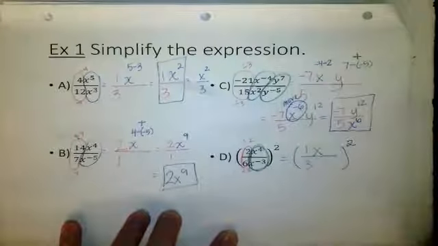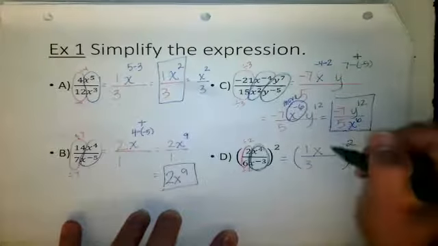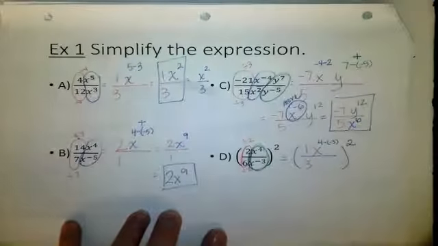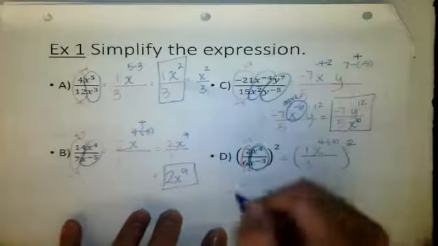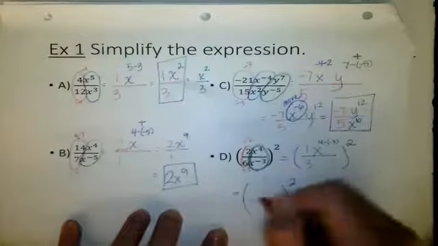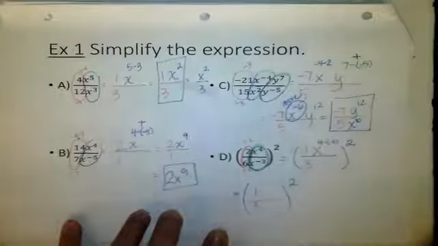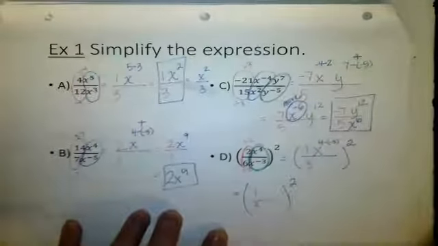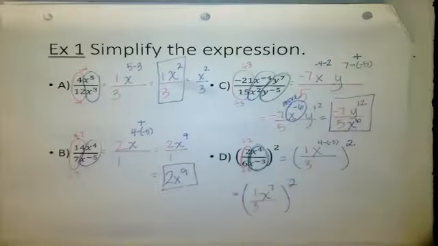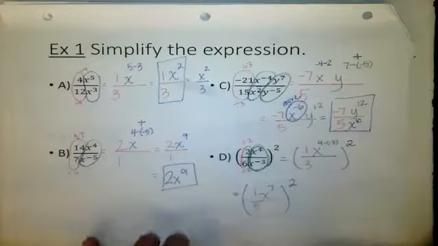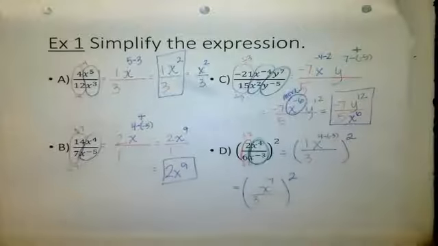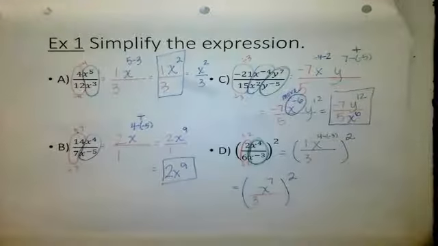The x goes in the numerator, and I'm going to subtract my exponents, 4 minus the negative 3, which is really what? 7, yes. So you're thinking, can I do that in my head? Absolutely. You would get x to the 7th. Okay. Do I need the 1? No. All right, so we have x to the 7th over 3, quantity squared.